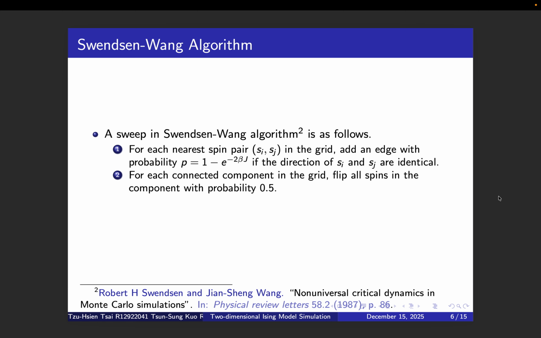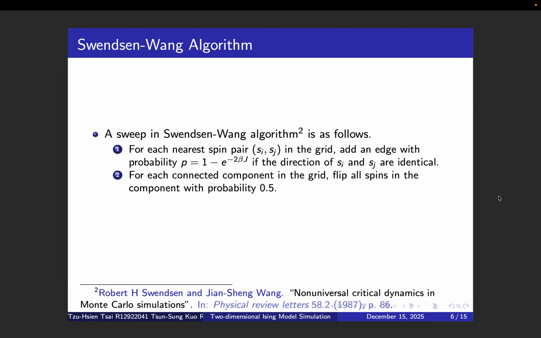A swap in the Swendsen-Wang algorithm is as follows. If we have a lattice, the Swendsen-Wang algorithm first assigns an edge with a given probability to each of the nearest spin pairs on the grid, if the spins in the spin pair have the same direction of spin.